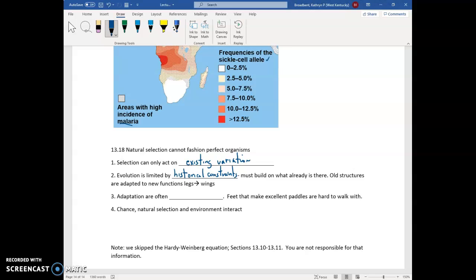Evolution must build on what's already there. Old structures can be adapted, but the adaptations are often compromises. For example, feet that make excellent paddles don't make good feet for walking. And what we have in evolution is chance and natural selection and the environment interacting.